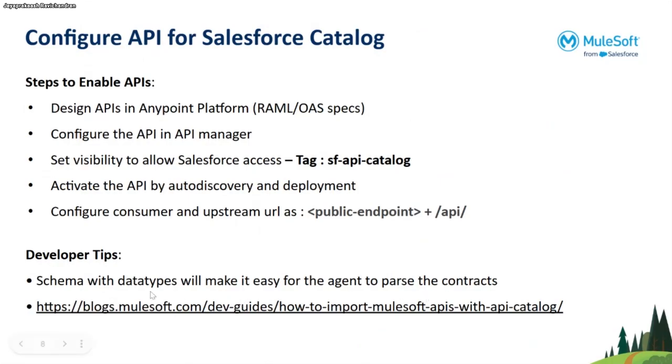Okay, and there are some tips. This is actually a main one: a schema with data types will make it easy for the agent to parse the contracts. Whenever we use an API as an agent action, say you have a GET call or POST call, the request and response should not have a generic schema.